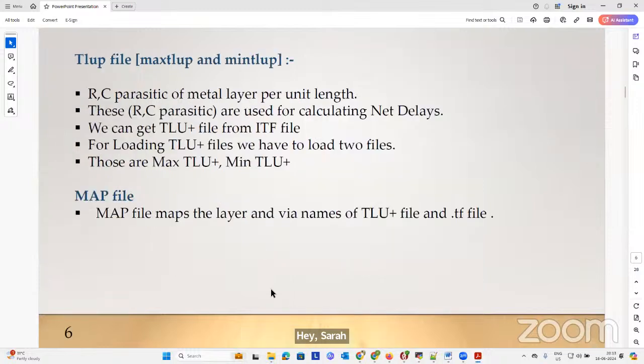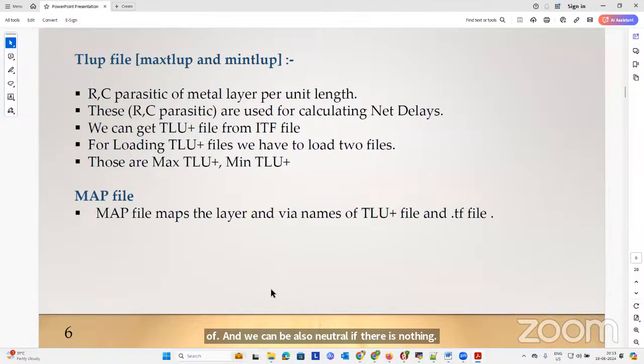Next is TLU+, max TLU+ and min TLU+. I have said that each and every standard cell has maximum and minimum values in the library. As human beings, if something goes wrong in our house or surroundings, we get angry, we can be neutral if there is nothing, and we can also go into the sad part.